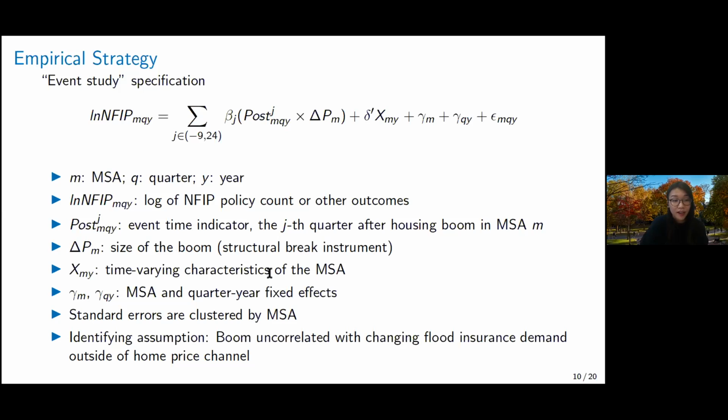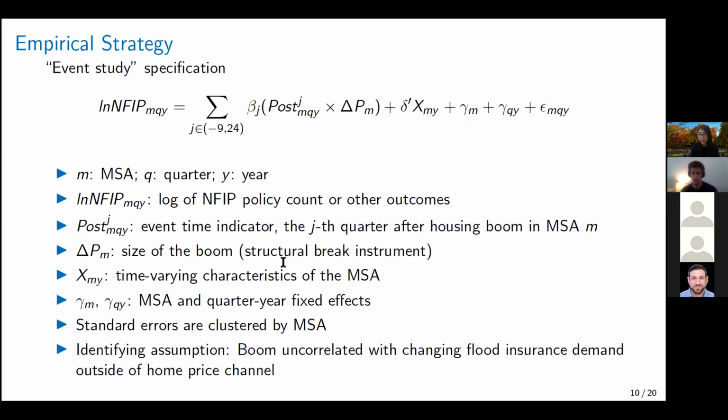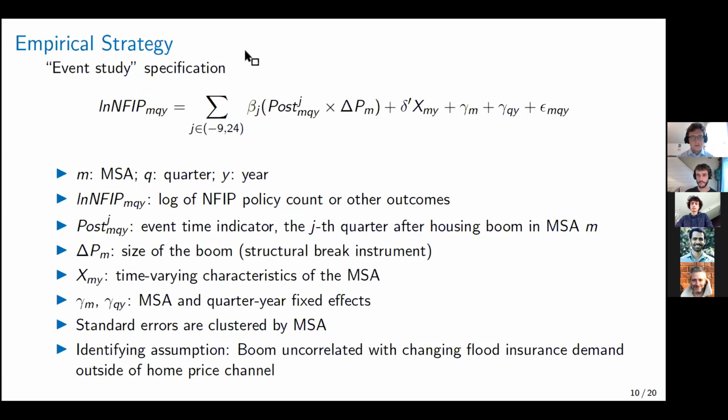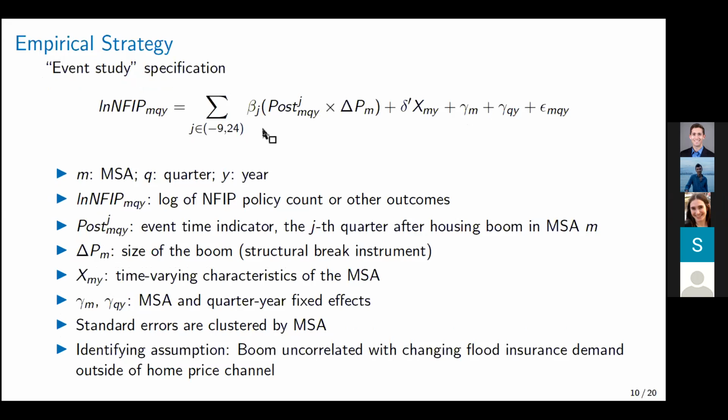So if the housing price change during the boom has nothing to do with insurance take-up, then what we're going to see is that these beta J's are going to be very close to 0. But if they do have a relationship, then these beta J's are going to trace out the dynamics of the outcome variable during the boom.